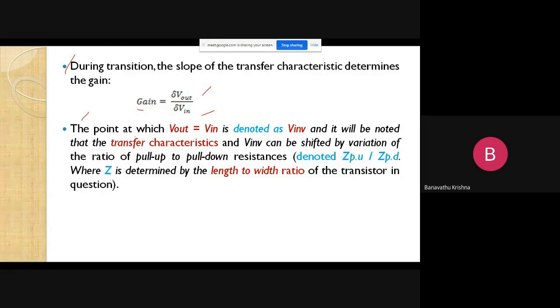The point at which V output is equal to V input is denoted as V inverter, and note that the transfer characteristics and V inverter can be shifted by varying the pull up to pull down ratio.